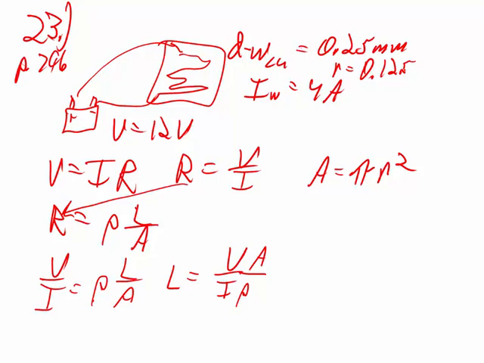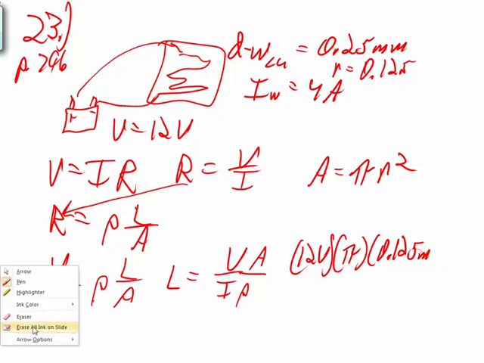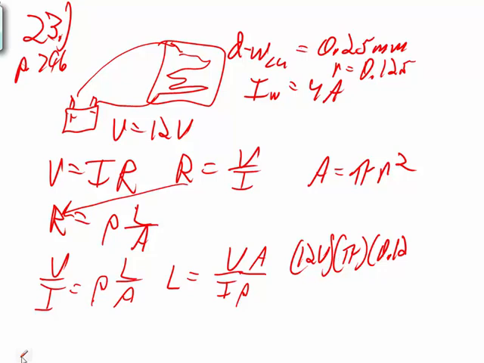So this one takes a little bit of thinking. Let's start plugging in. The voltage was 12 volts, times the area, which is pi r squared. R was 0.125 times 10 to the negative third meters, squared, divided by the current, which is 4 amps, times the resistivity.